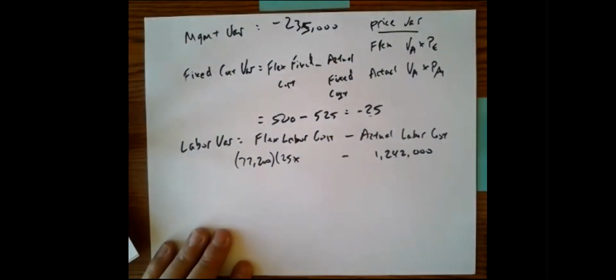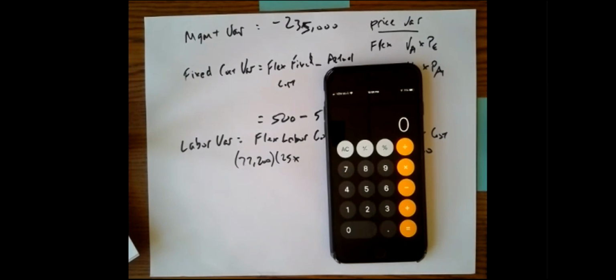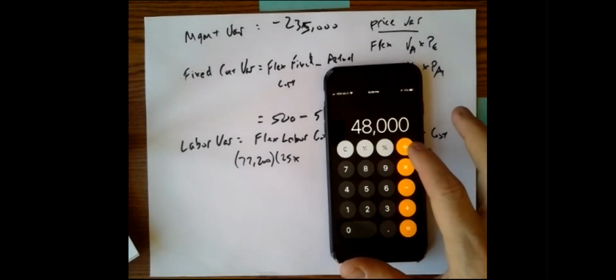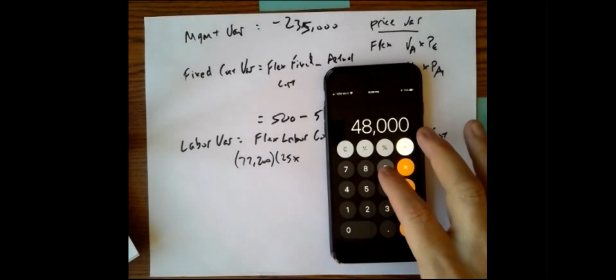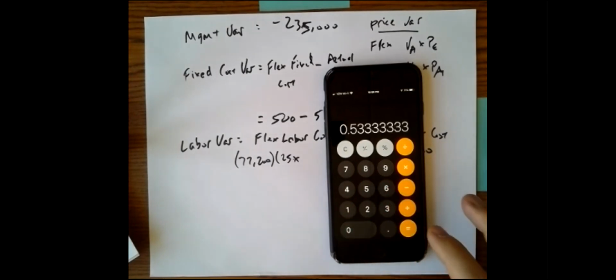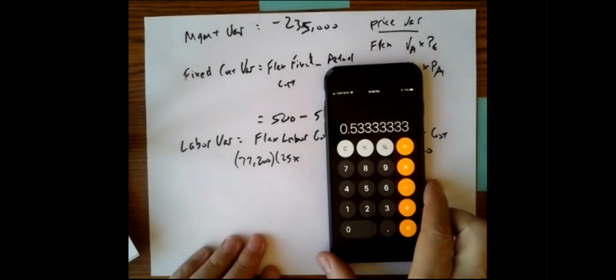And then we thought that each visit, if you go back to page 266, we would have to use 48,000 hours of labor divided by 90,000 visits gives us 0.533 hours per visit.